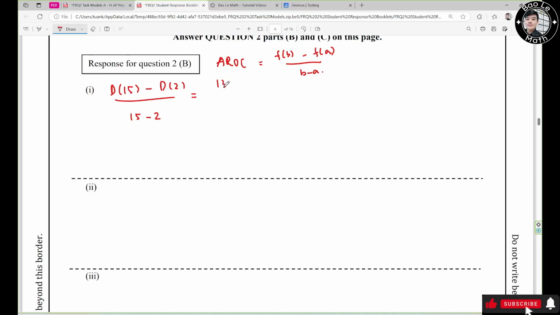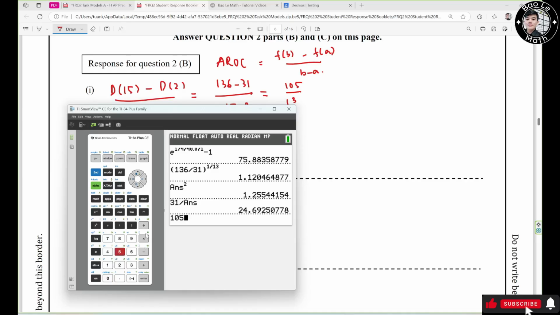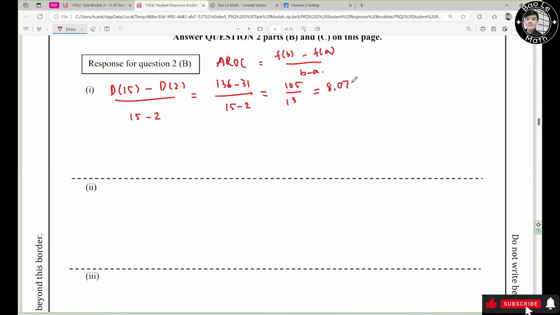So I have 136 minus 31 over 15 minus 2, so it's going to be 105 over 13, right? Now we're going to bring up the calculator. 105 divided by 13 is going to be 8.076, right? Now you need to answer the question. The average rate of change is 8.076 deer per year, right?